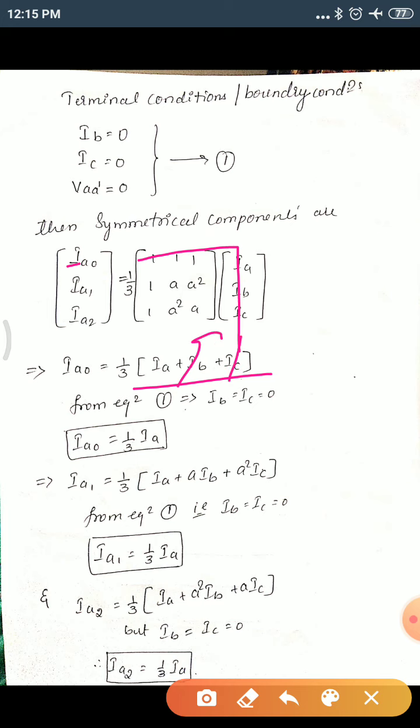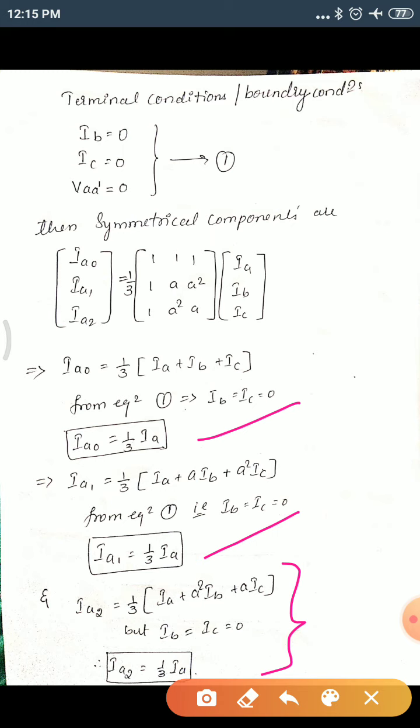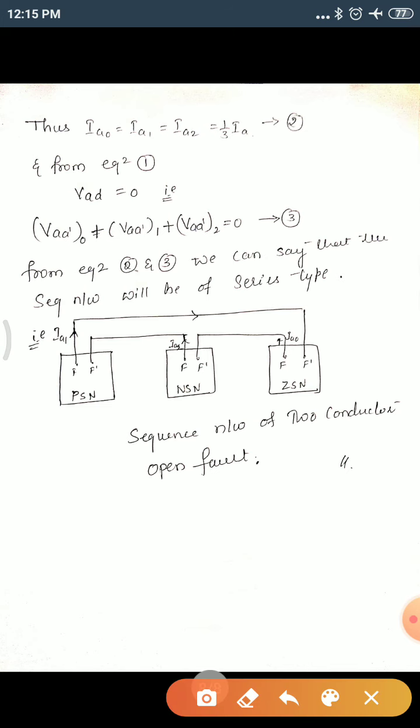If you put IB and IC equal to 0, you get IA0 equal to 1/3 of IA. Similarly, IA1 is your second row into this column. As IB and IC are 0, again IA1 is equal to 1/3 of IA. Similarly, you can calculate IA2, the negative sequence current, which also comes to 1/3 of IA. If you have observed, the zero, positive and negative sequence currents are all equal. Therefore we can write IA0 equal to IA1 equal to IA2 equal to 1/3 of IA. The current is the same in the circuit.